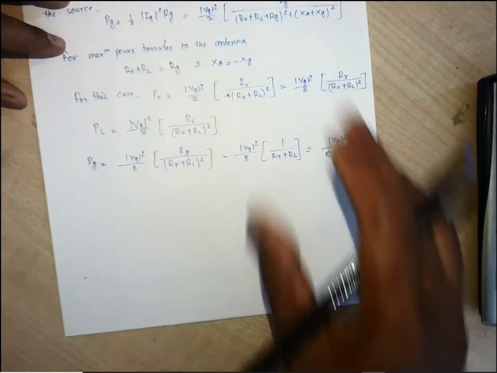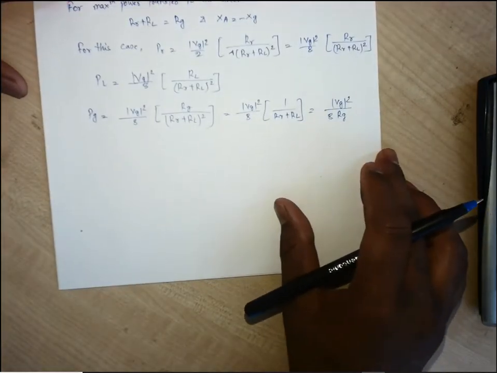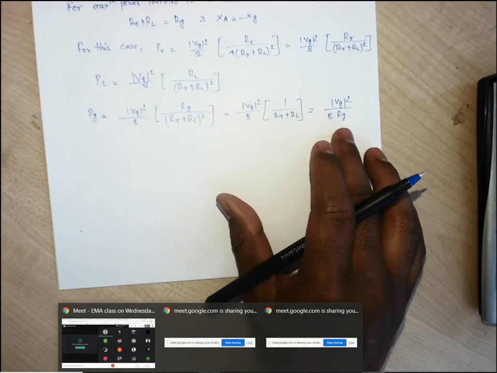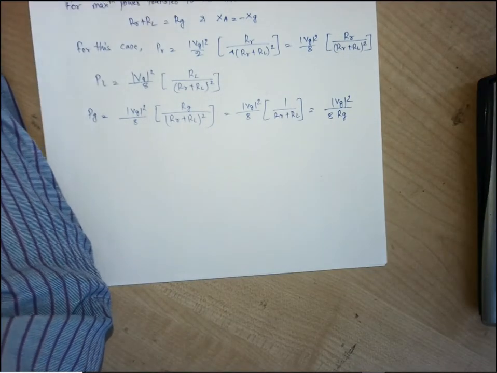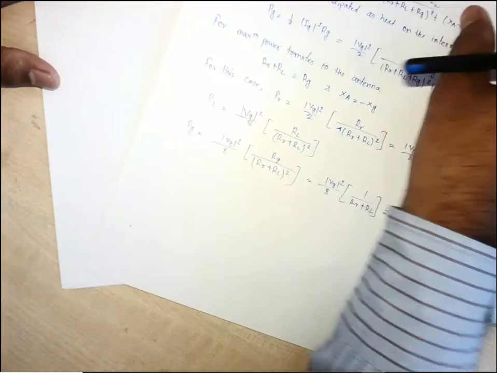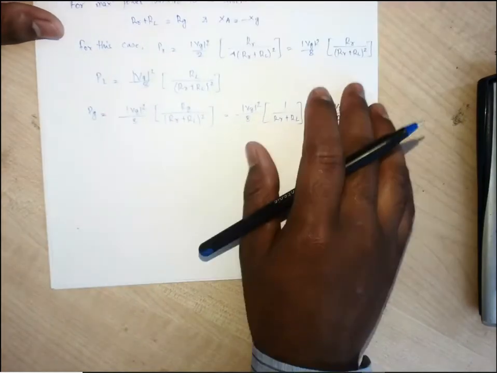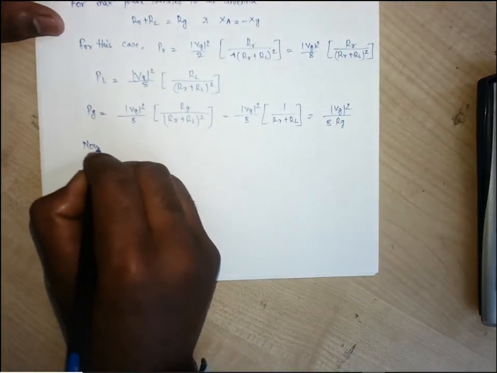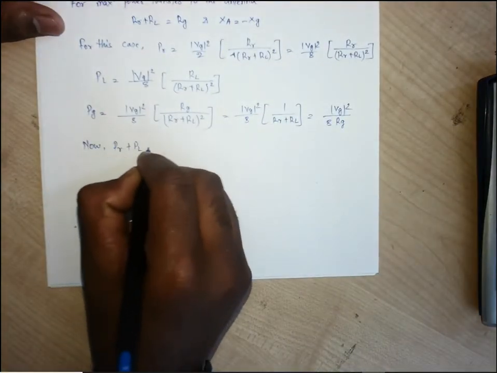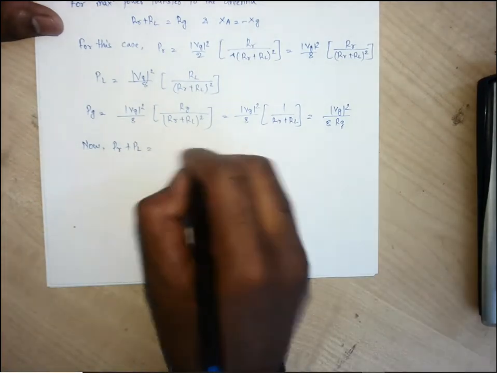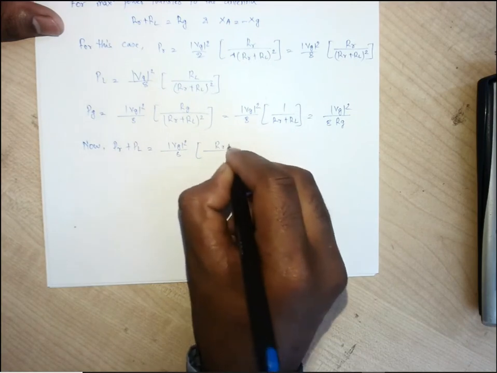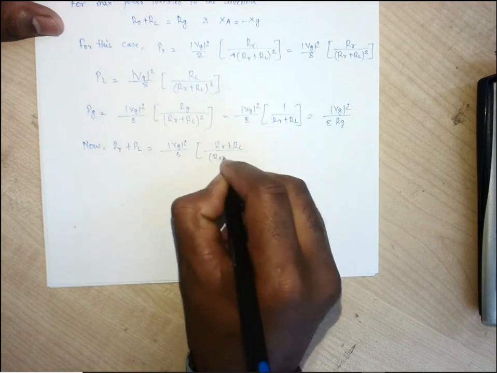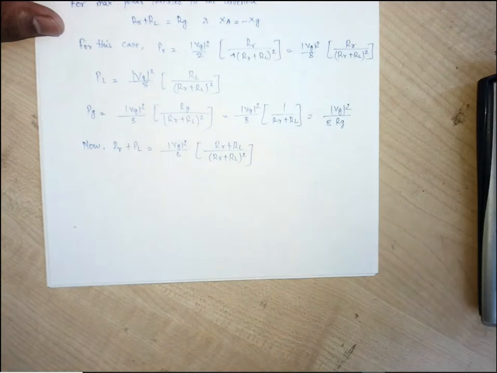Okay. Now if we take the summation of PR and PL, PR plus PL will be mod of Vg square by 8 times RR plus RL by RR plus RL whole square.